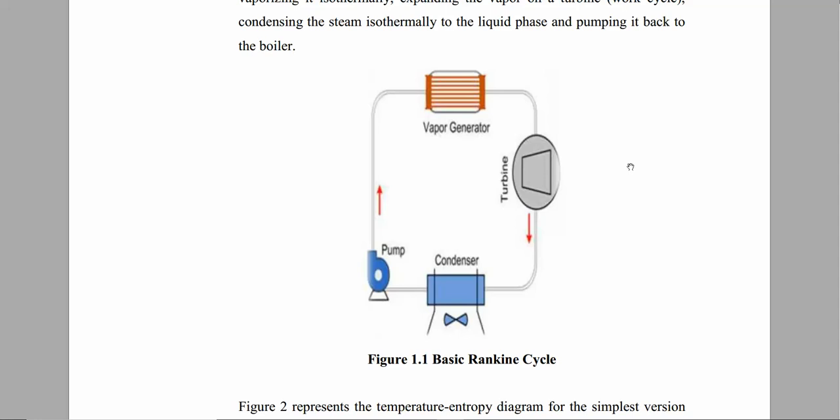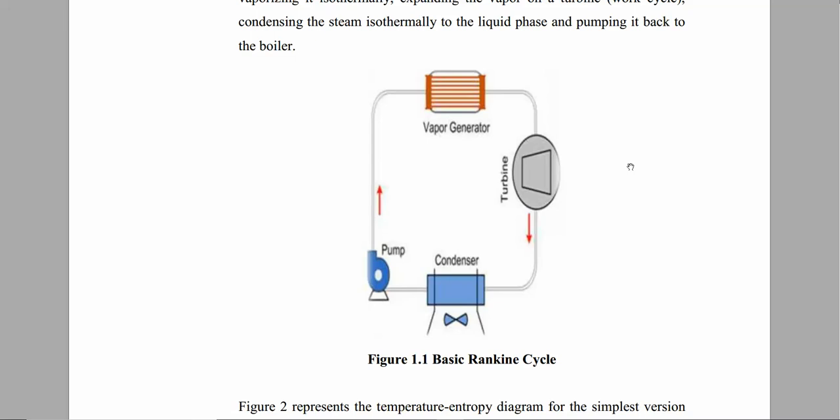Then the vapor will enter the turbine and rotate its shaft by striking the turbine blades, which converts into mechanical rotational shaft output, which is further converted into electrical power.